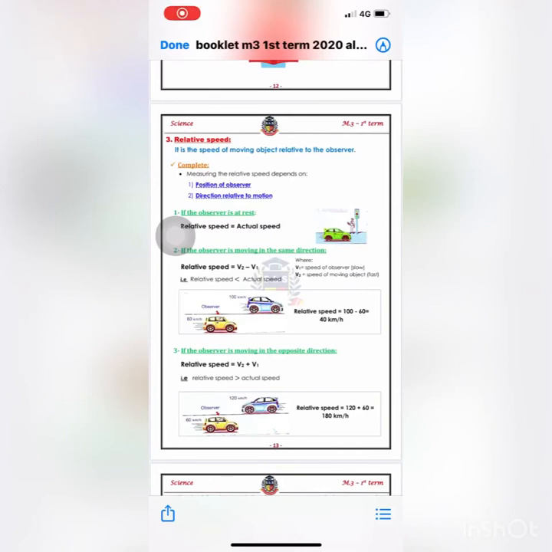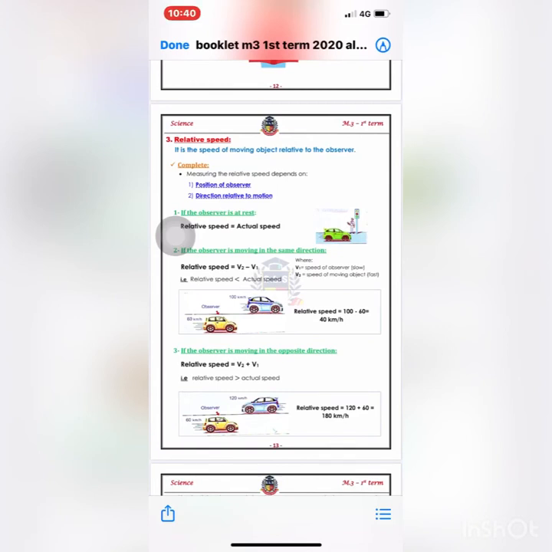Let's sum up now what we studied in this video. We studied the third type of speed, which is the relative speed. It's the speed of a moving object relative to the observer. The relative speed depends on 2 things: the position of the observer and the direction relative to motion. If the observer is at rest, standing on the pavement for example, the relative speed equals the actual speed. This is the first case.